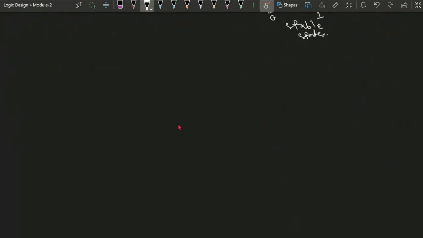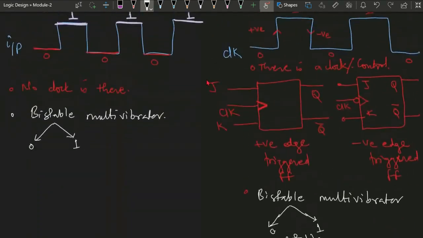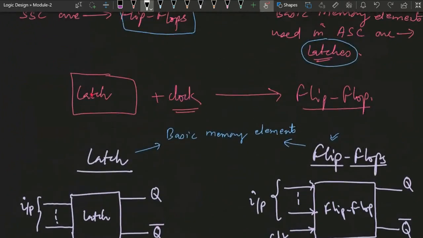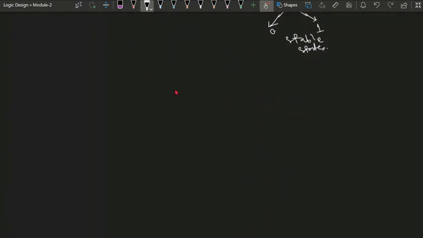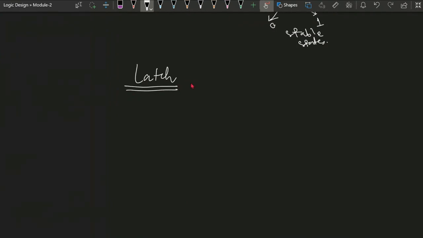Next, we will start. First we have seen there is a latch, then there is an addition of a clock, and then that becomes a flip flop. So we'll first introduce what a latch is. We will be looking at the basic latch circuit. This latch can be of different types: SR latch, JK latch, T latch and D latch.